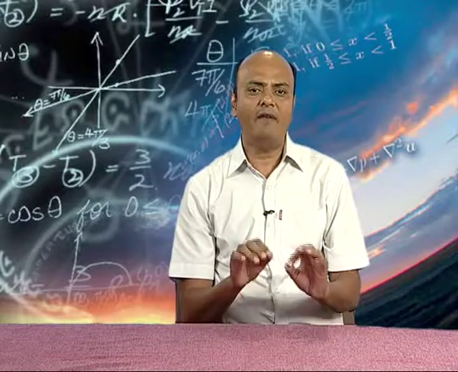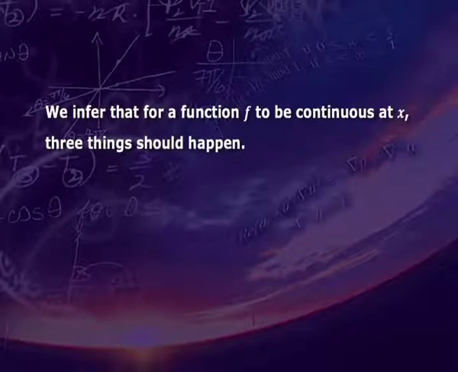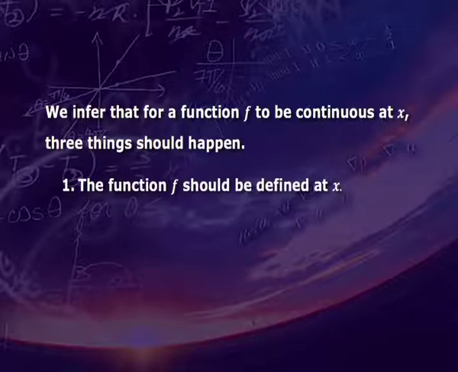If a function f(t) fails to be continuous at a point x, then we say that f(t) is discontinuous at x. From the definition of continuity of a function at a point, we infer that for a function f to be continuous at x, three things should happen. 1.